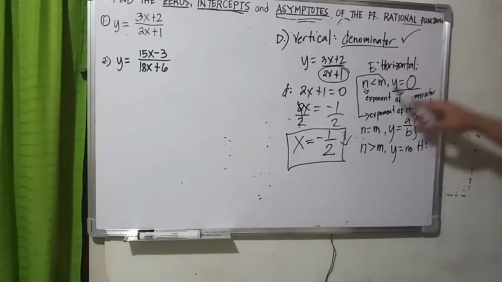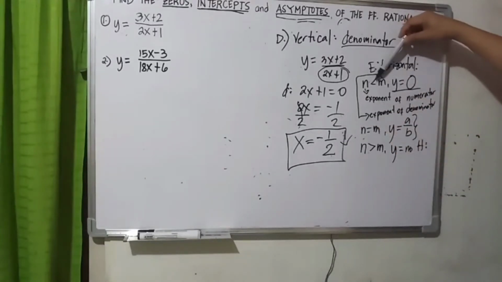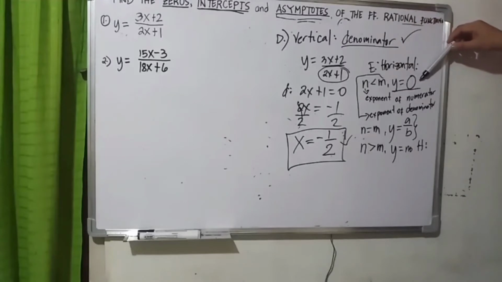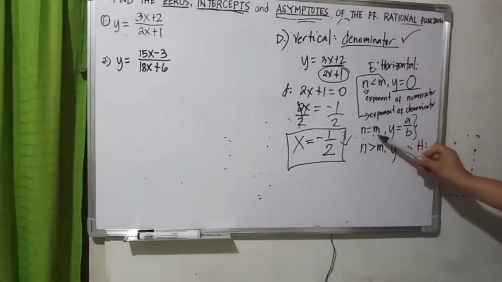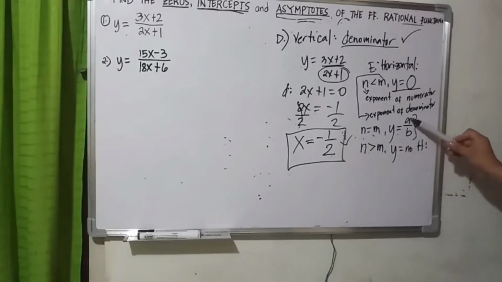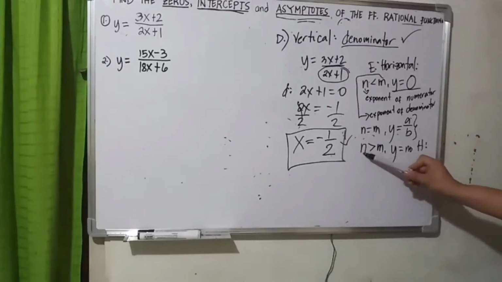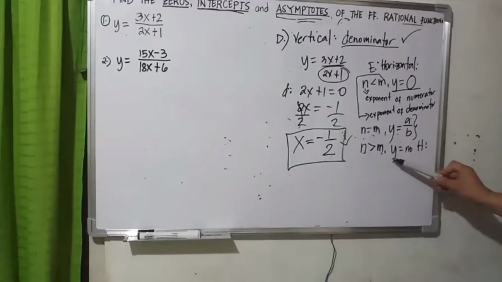Una, first restriction, if n is less than m, ang horizontal asymptote niya is 0. If n equals m, ang horizontal asymptote niyan is a over b. If n is greater than m, no horizontal asymptote.